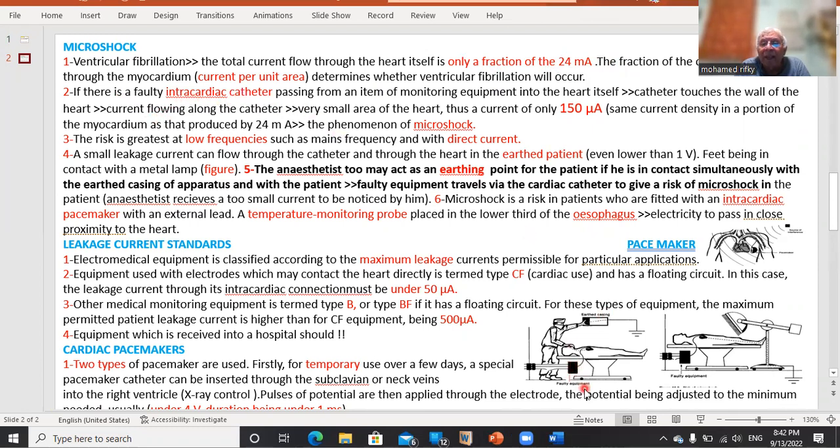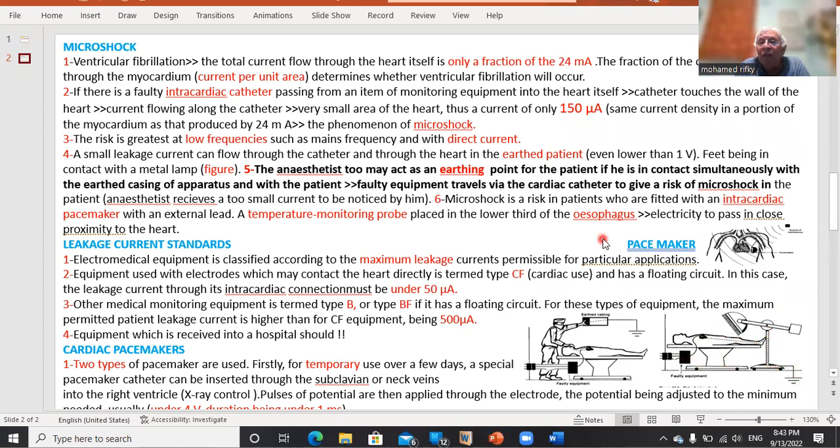Whenever there is a mistake, you can see from this small diagram, there is a mistake in the electrical equipment using intracardiac catheters. You can see that the patient is touching the stand of the lamp, and the current here is breaking down. So the current can go through the intracardiac catheter, whatever it is, an esophageal temperature probe or a pacemaker, and the patient can transmit this current through him and through the stand to earthing with a minimal amount of current.